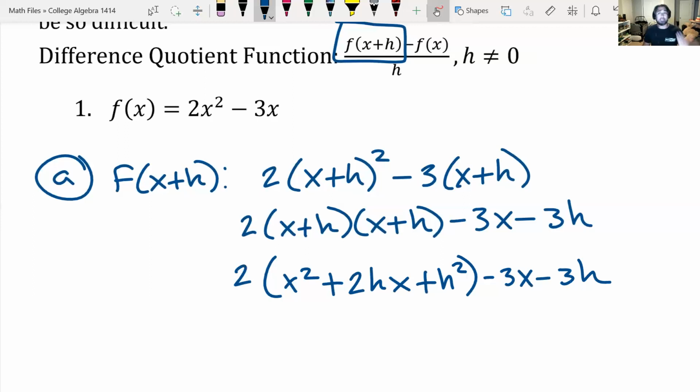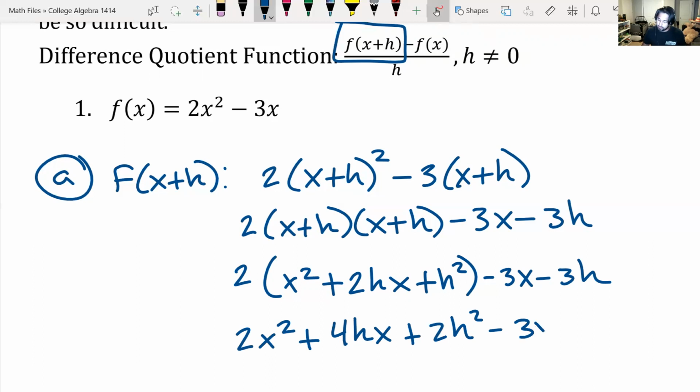All right, step 1's almost done. Distribute that 2. 2x squared plus 4hx plus 2h squared minus 3x minus 3h. And guess what? Step 1 is done.